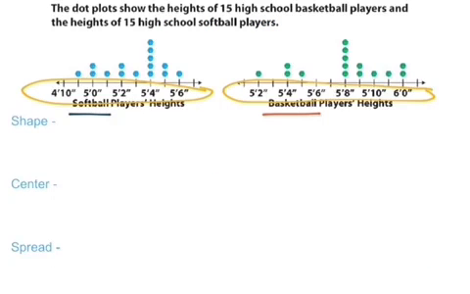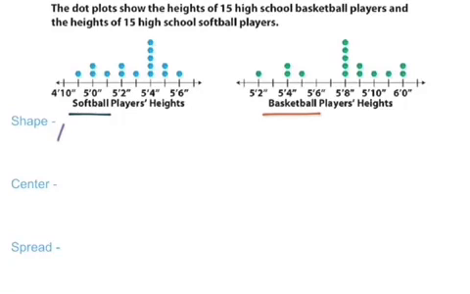And as you would kind of expect, the basketball players actually are taller. Essentially, you could say that the basketball players are taller than the softball players because you can see where the data falls. So that's a quick little observation we could make about the shape of the data.